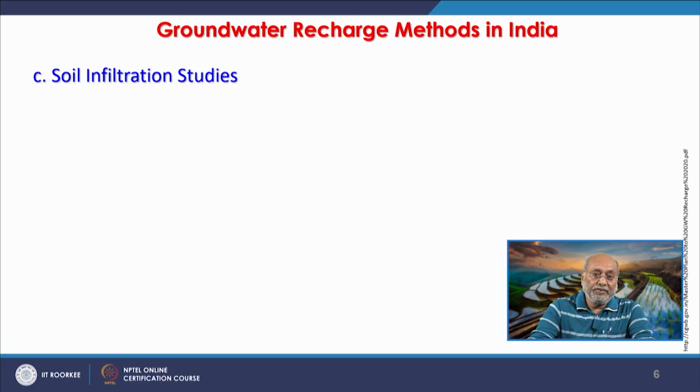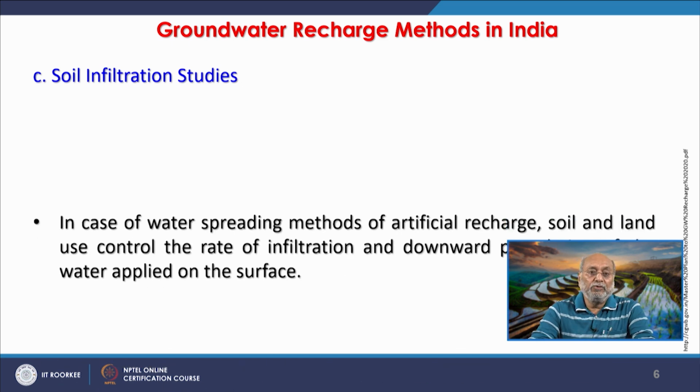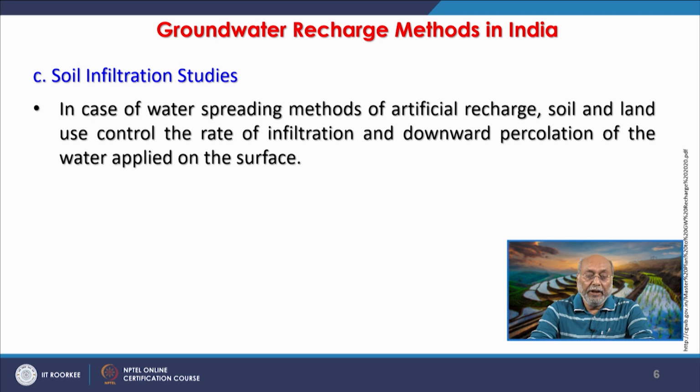Another study which is involved for groundwater recharge structures is the soil infiltration study, site specific soil infiltration. If we are thinking of creating a reservoir, also called the water spreading method of artificial recharge, soil and land use control the rate of infiltration. So, in the area which will be flooded with water, what are the soil conditions?